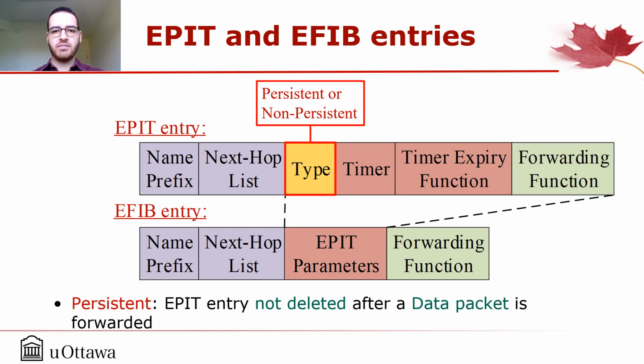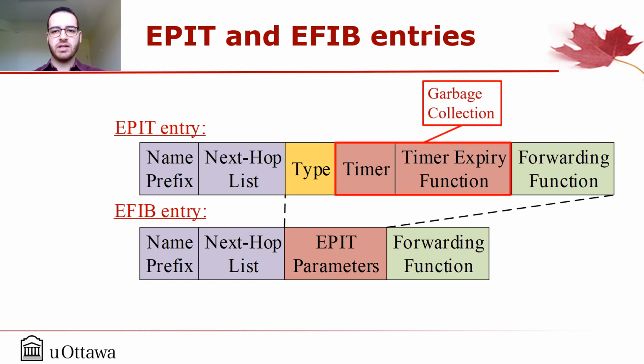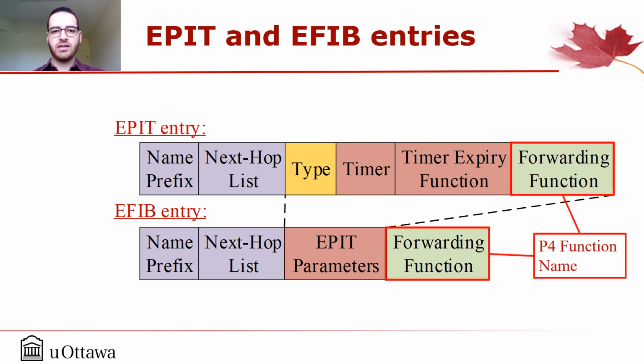Like in NDN, EPIT entries have an optional timer that is used as a form of garbage collection. Finally, both the EPIT and EFIB entries have an additional field that contains the name of the P4 function to execute. With these modifications, we call these forwarding tables EPIT and EFIB.